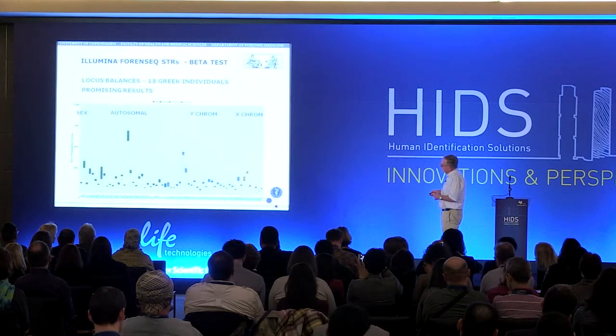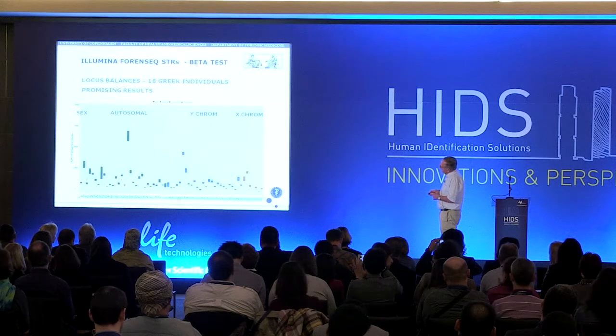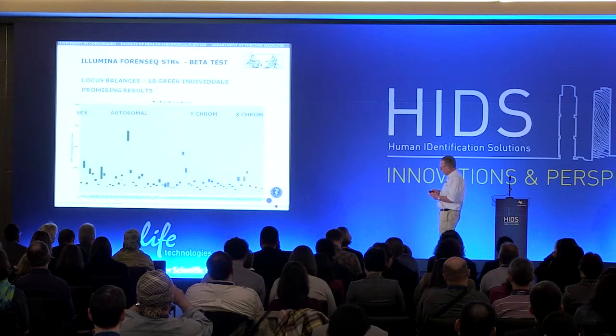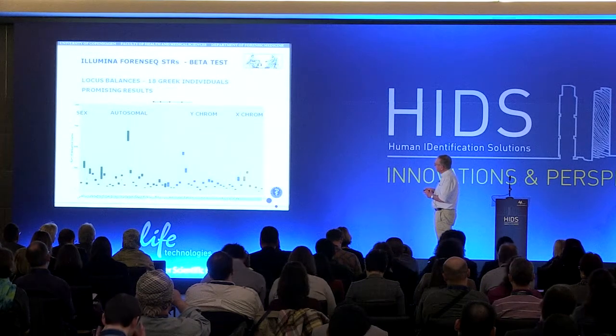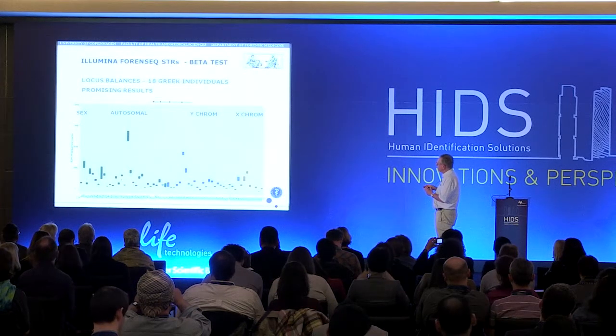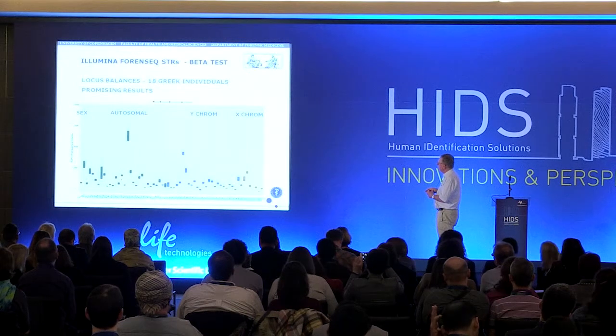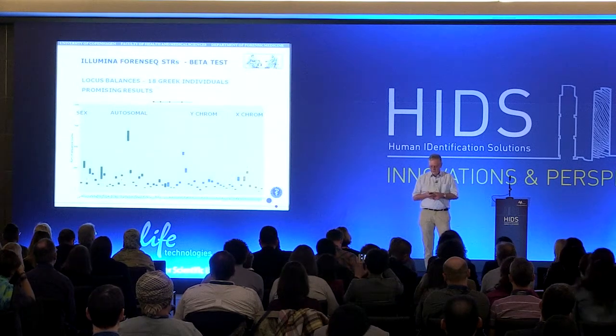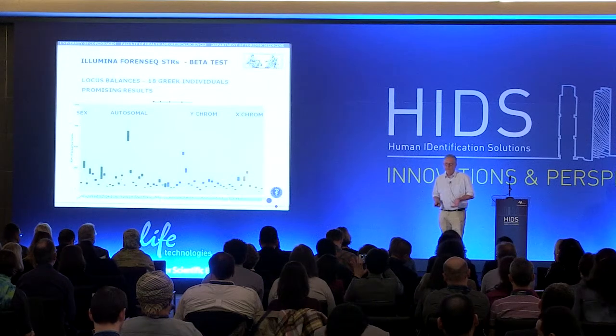This is a question about the coverage, and you can see that some of the markers have a very high coverage, like this autosomal one in here, while others have low coverage. So the balance is not optimal, but it's promising as far as I can see.